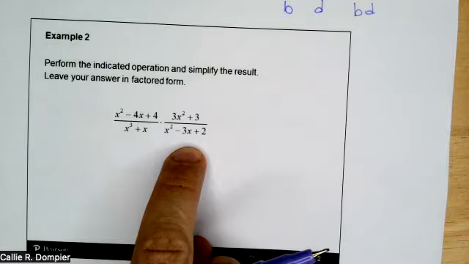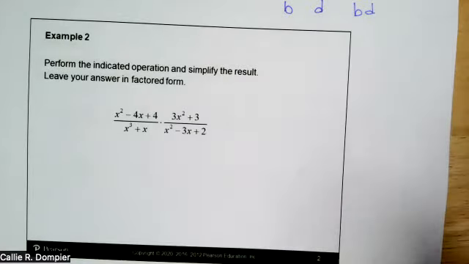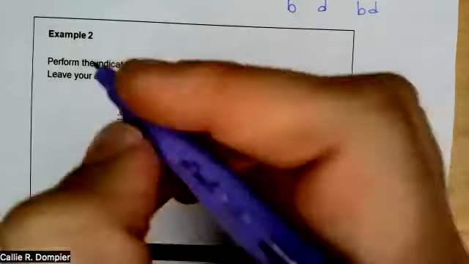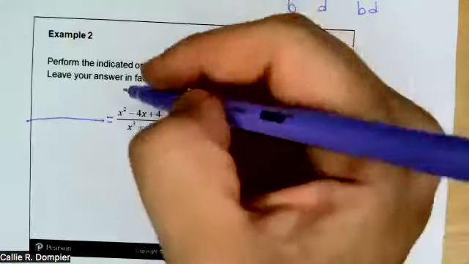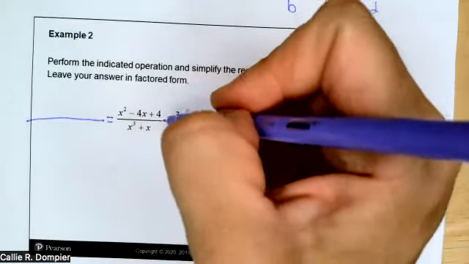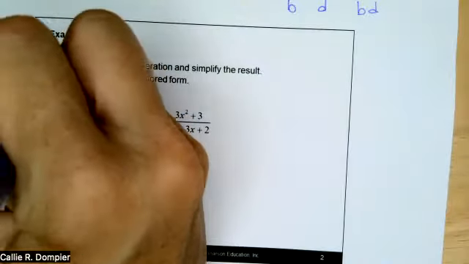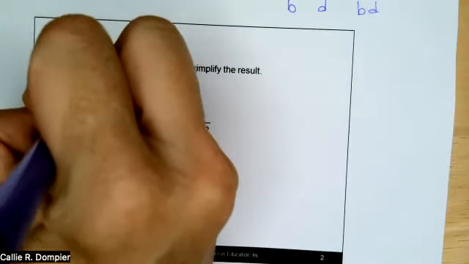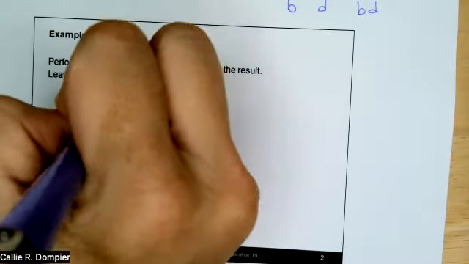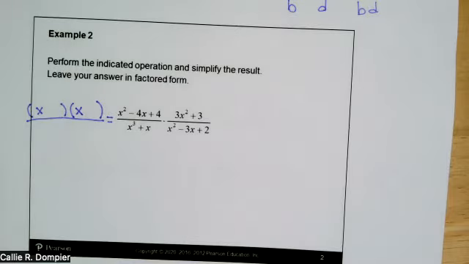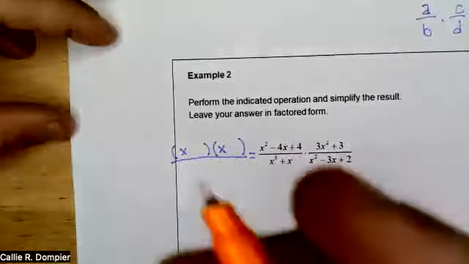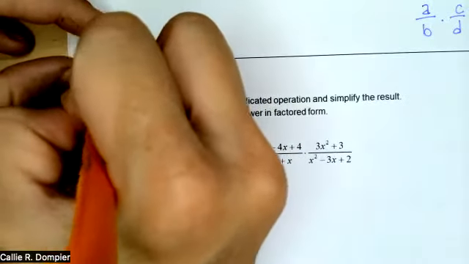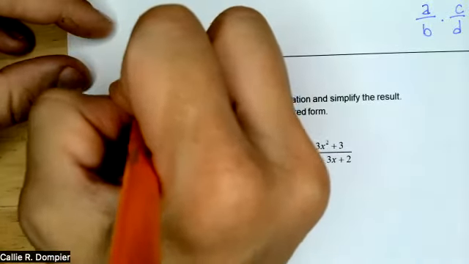But before I multiply it together and make it bigger, I'm going to factor it. So x squared minus 4x plus 4. If it's x squared, I know I can just turn it into x times x. And if you know perfect square trinomials, you know what that is. If not, you can say it needs to multiply to equal c, add to equal b.